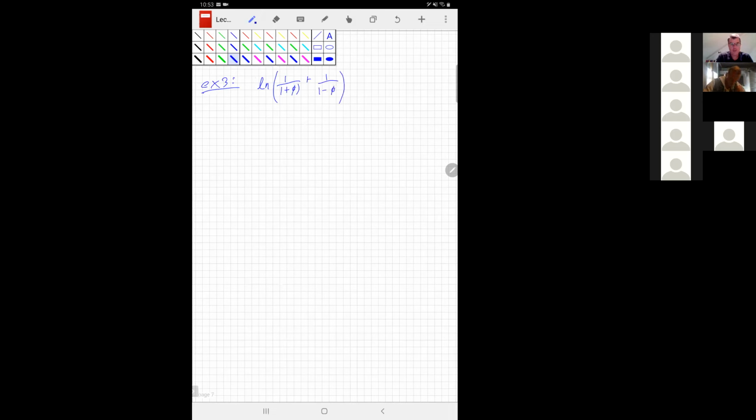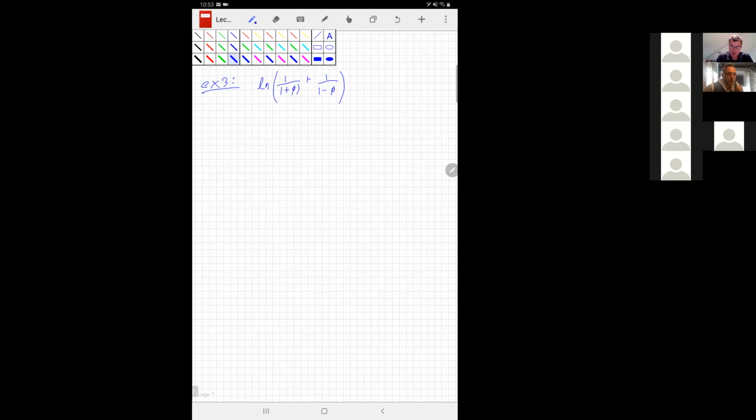Right? These are common. And this is a really messy function to visualize. And it's not at all clear whether this function is always increasing, always decreasing, has a minimum, has a maximum, or what.